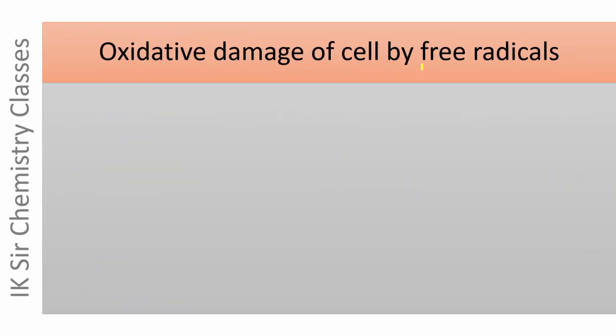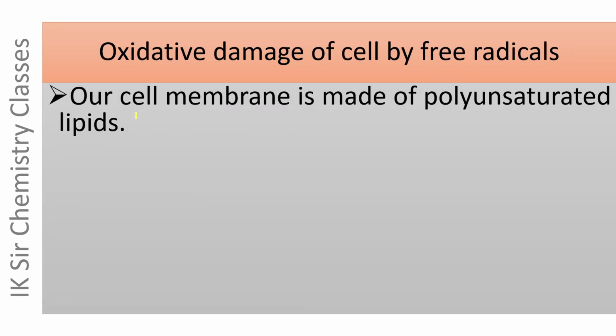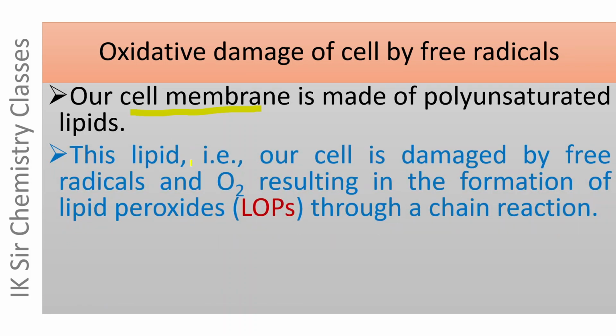Oxidative damage of cell by free radicals. Our cell membrane is made up of polyunsaturated lipids. This lipid is damaged by free radicals and O2, resulting in the formation of lipid peroxides. These lipid peroxides are called lipid oxidation products, and this takes place through a chain reaction.